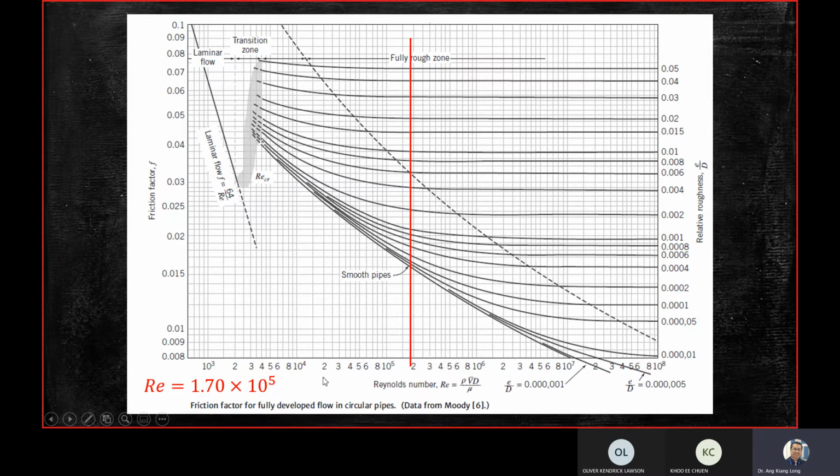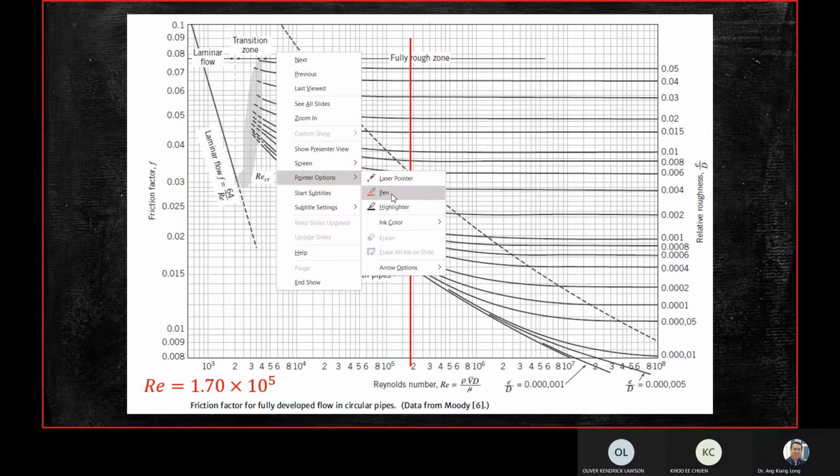Okay, so how do you read this axis? You see, this line is 10 power 3, which is 1 times 10 power 3. Then this one is 2 times 10 power 3. Let me write here.